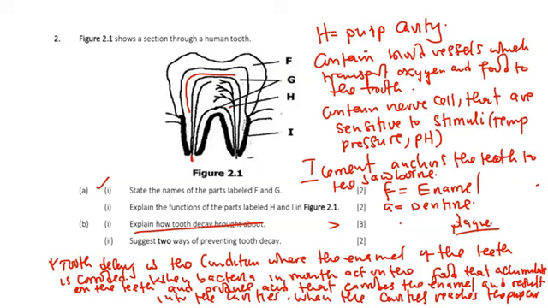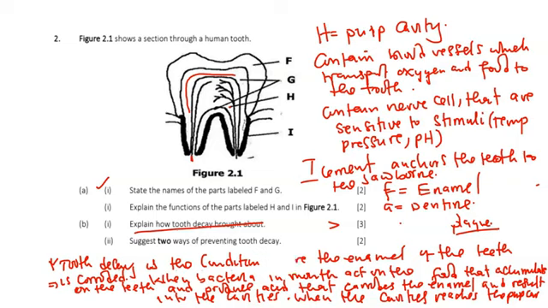When the cavity reaches the dentine, the tooth starts getting painful. The pain increases further when the cavity reaches the pulp cavity. So I've just given you a brief description of tooth decay, which I've summarized here. Please follow through and get to understand it.